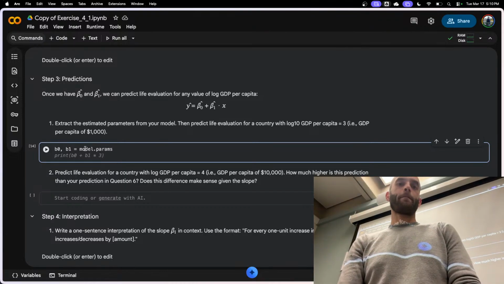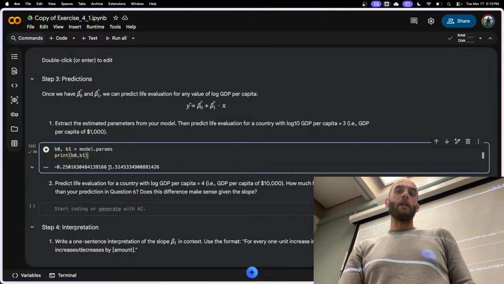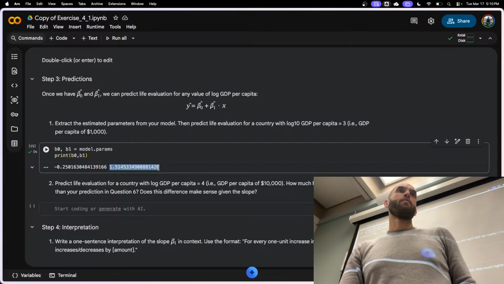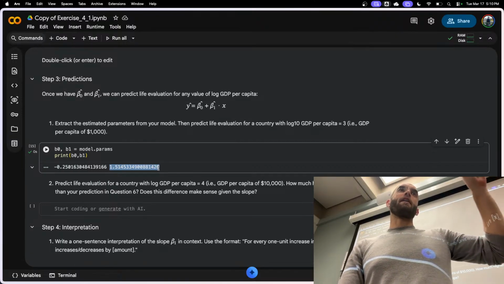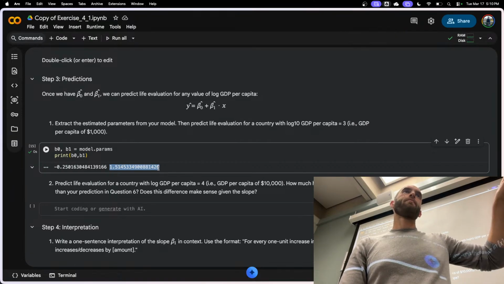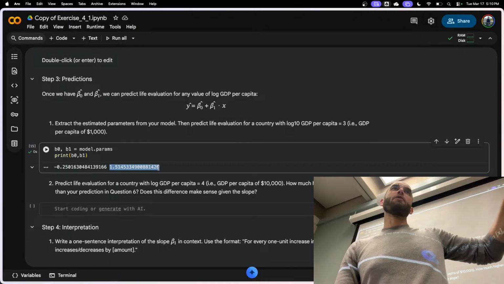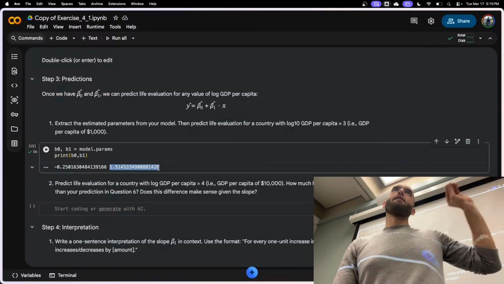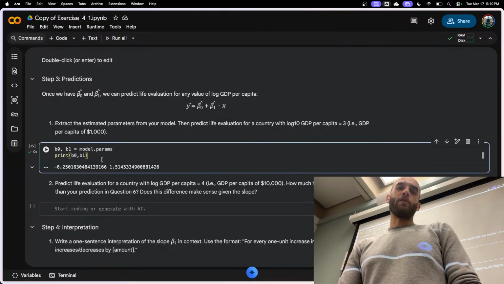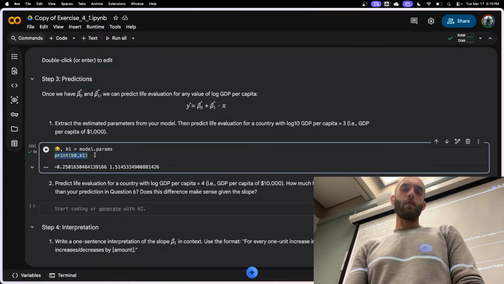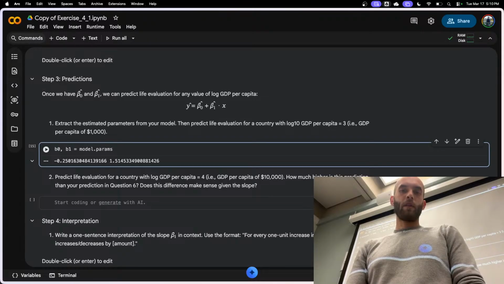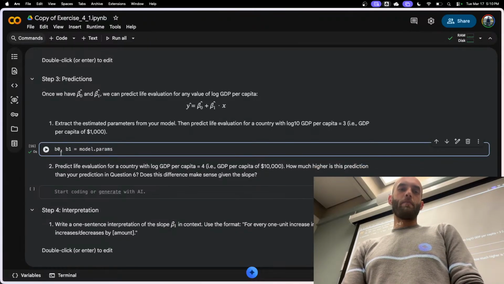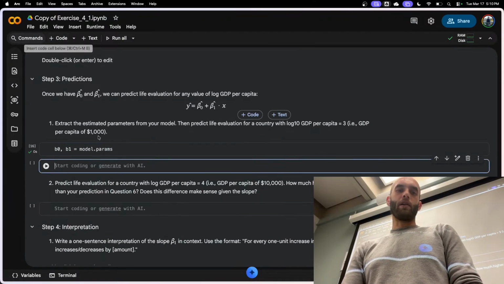The parameters are the estimated intercept and estimated slope. So B0 is our estimated intercept, and B1 is our estimated slope. And we can just print them out as we like.